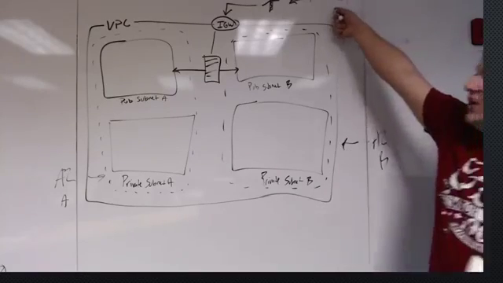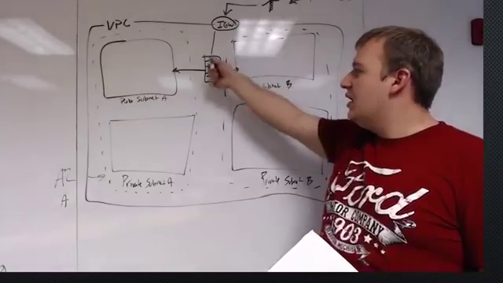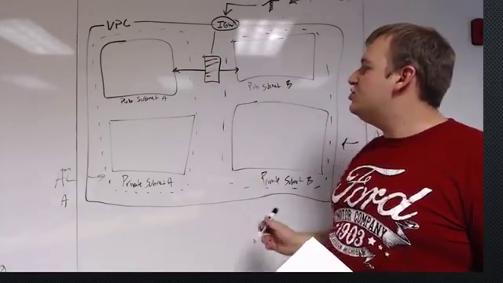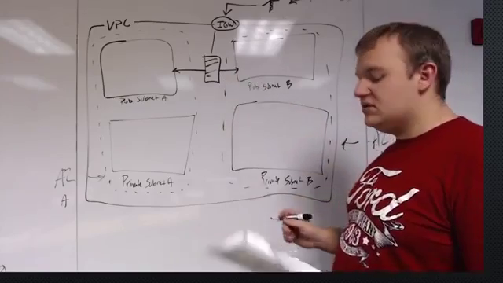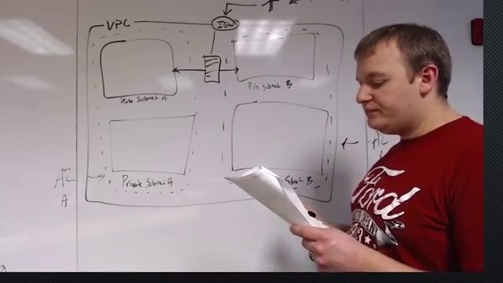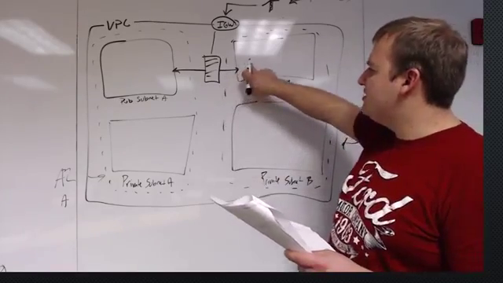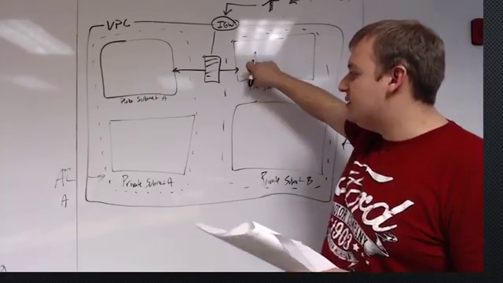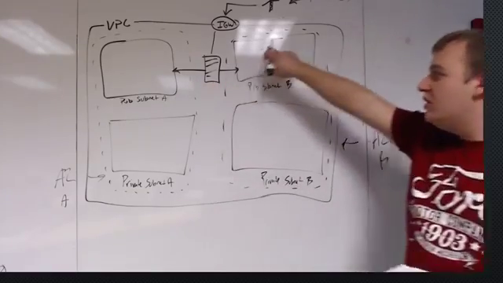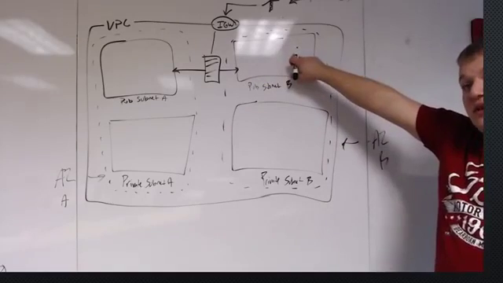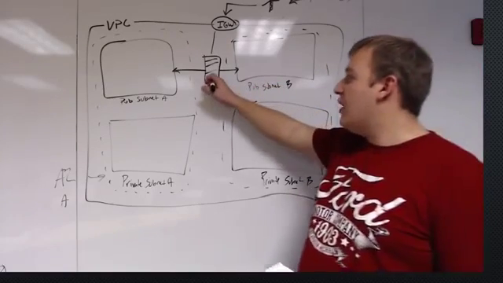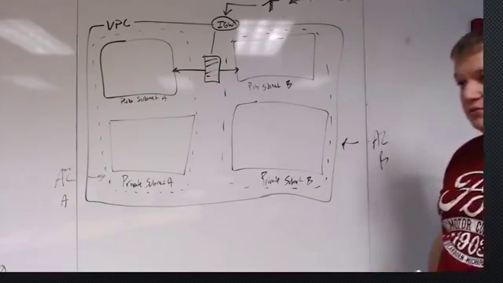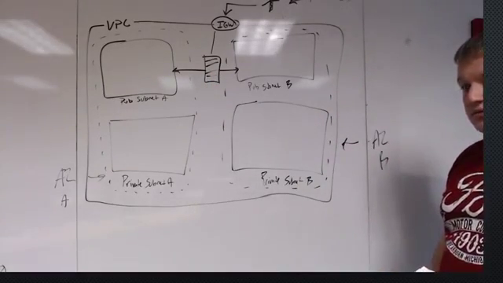Currently we have traffic coming in through our internet gateway, and it's coming down into our route table, and it is attached to public subnets A and B. So these are now public, which means that they get internet access because they have a route from this public route table. Does that make sense?